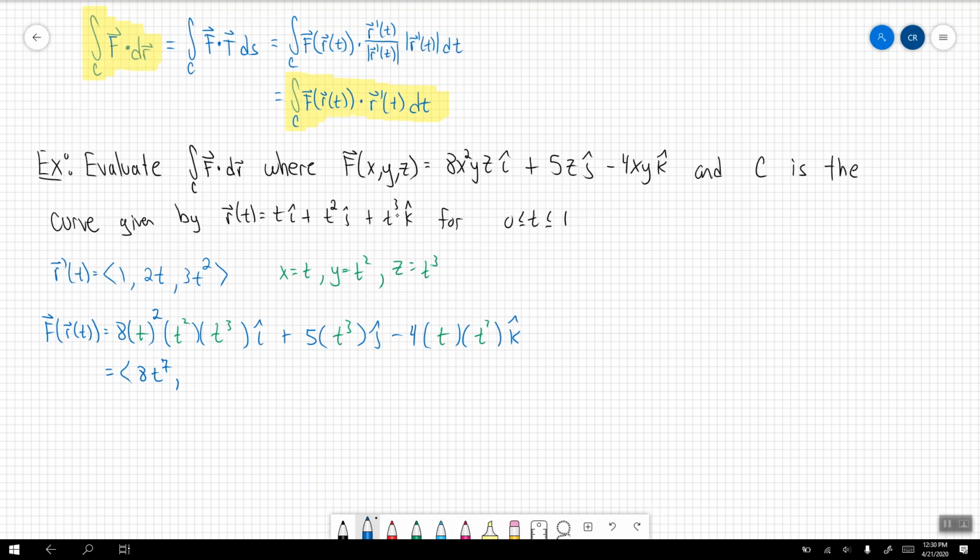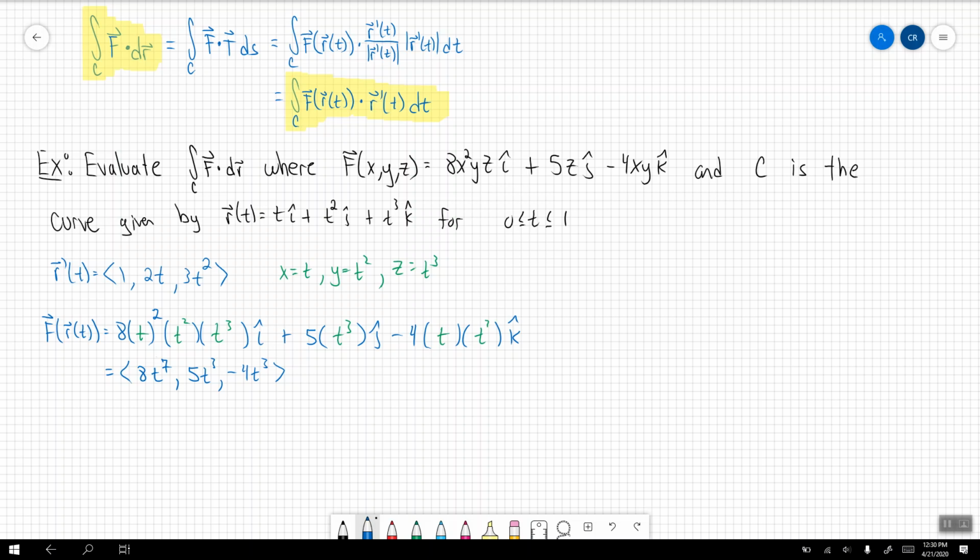Z was t cubed, so that will just be 5t cubed. And then the next one is negative 4t cubed. So that's 8t to the 7th, 5t cubed, negative 4t cubed.